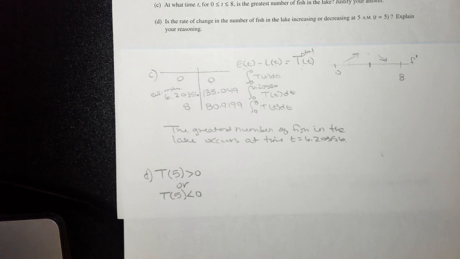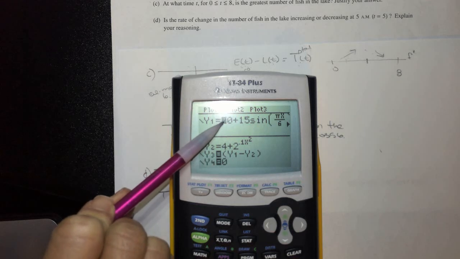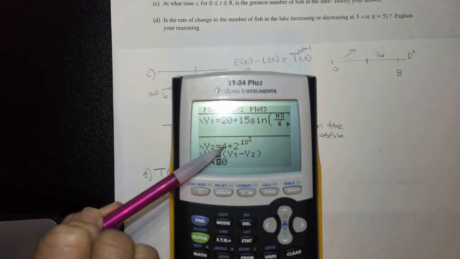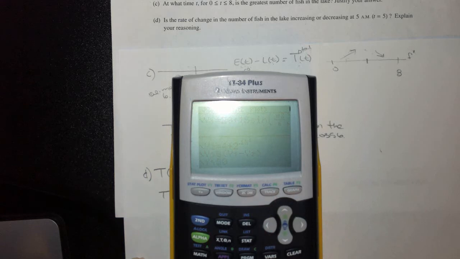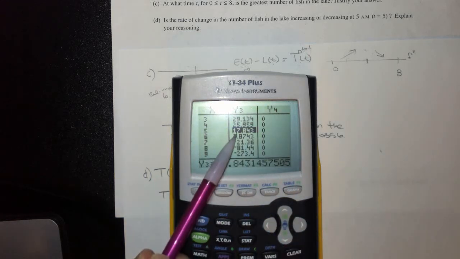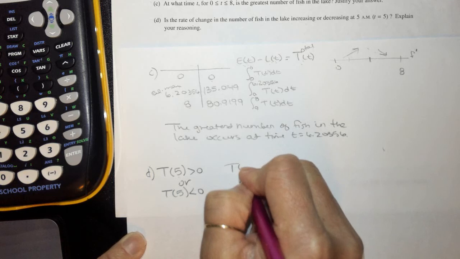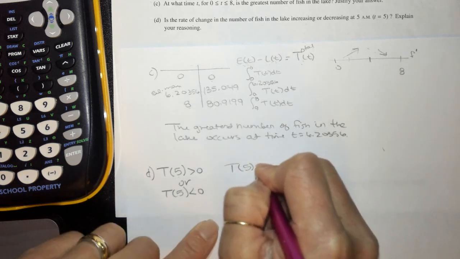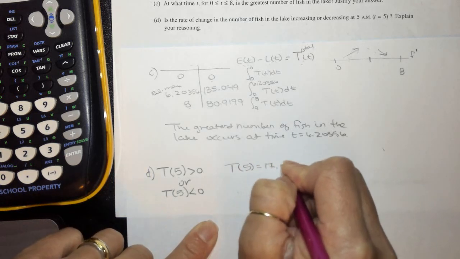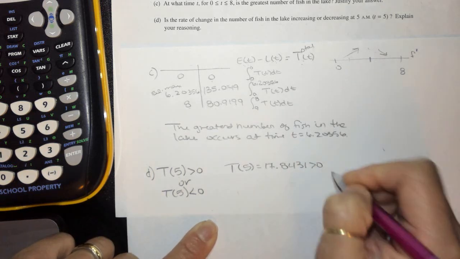So what I need to do is go into y equals, make sure that this is highlighted, which is the number of fish entering minus the number of fish leaving. And if I go into the table and I take a look at time 5, I don't care what the value is, I care if it's positive or negative. So what I would say is that at t of 5, this is equal to 17.8431, which is greater than 0.